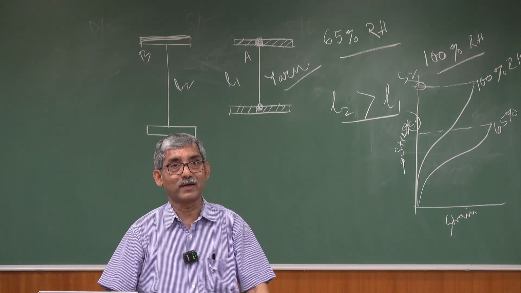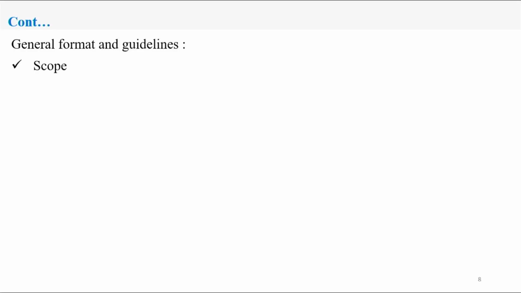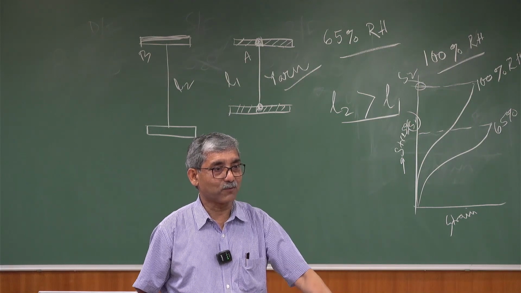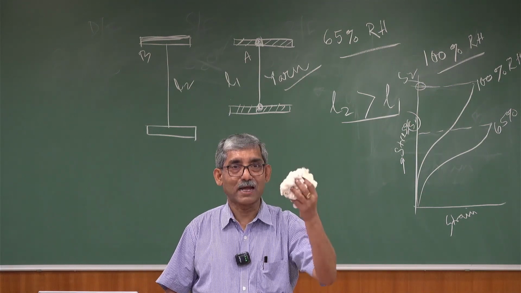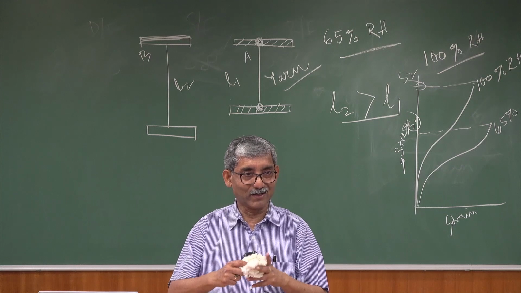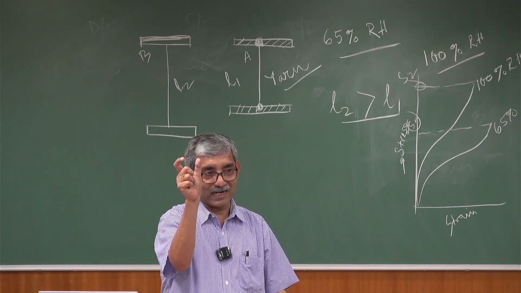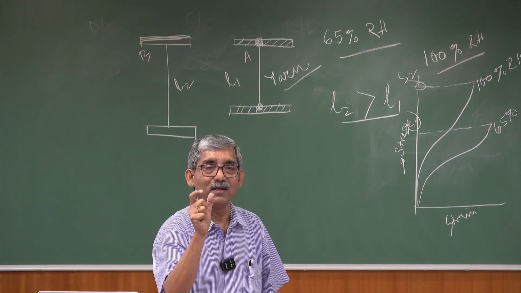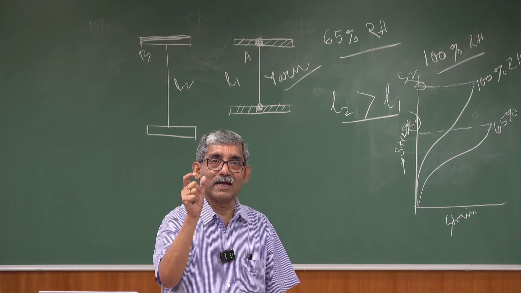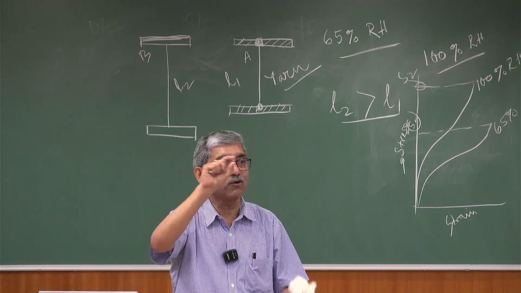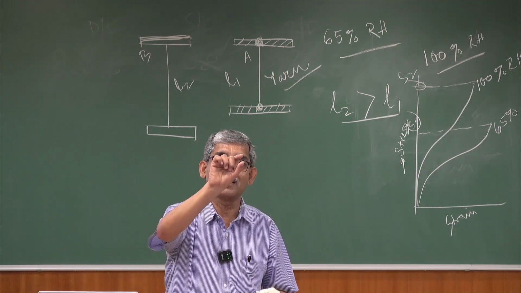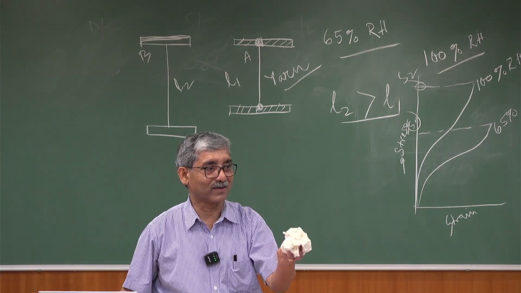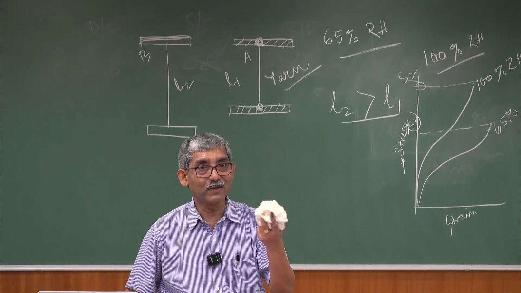The general format and guidelines: first, a scope will be written. Suppose for cotton fiber length testing, or strength of the fiber testing, in a standard like ASTM, ISO or BIS, it is given in the scope.